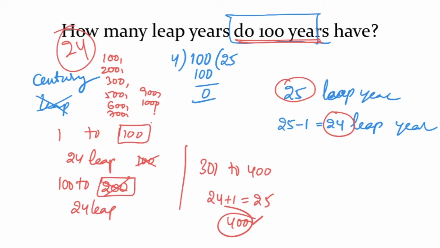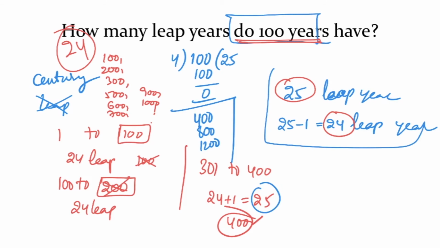In that period, if the year 400 or 800 or 1200, 1600, 2000 is lying, then there would be 25 leap years. So for this question, the answer is either 25 or 24.